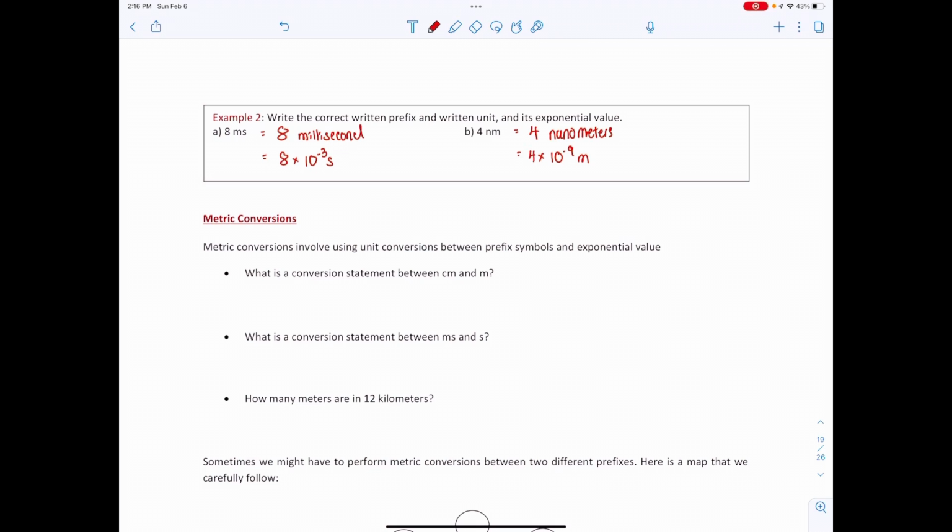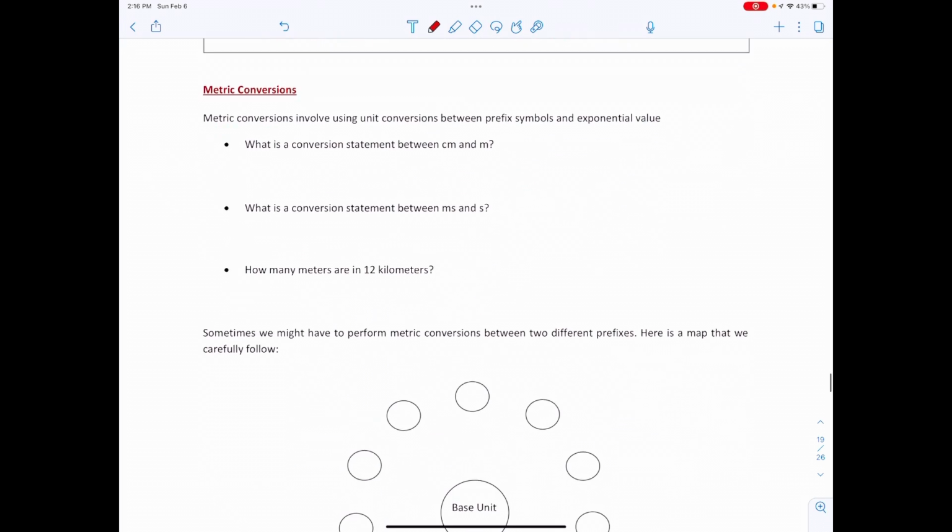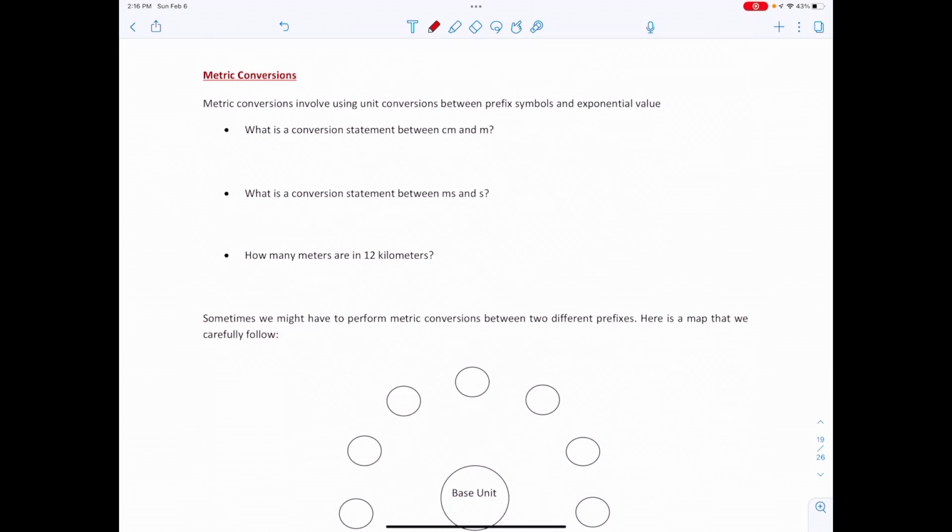And so the next part of the lesson is on metric conversions. Metric conversions involve using unit conversions between these prefix symbols and exponential values. So let's take a look. What is a conversion statement between centimeter and meter? Okay, so centimeter, when I look at it, how is it compared to a meter?